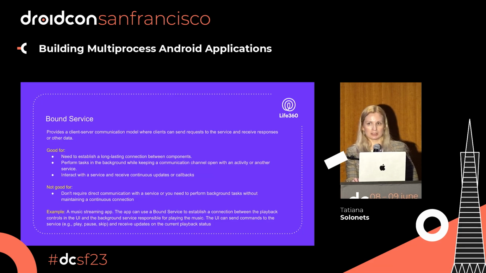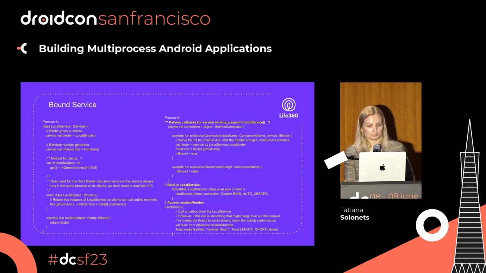As an example, imagine you have a music player and another process where you have a play button and pause button, and you want to keep that consistent communication to react quickly. Let's say you click pause, and you want to immediately cause an action on another process where your audio is actually playing. So you just want to have them bound, right? This is called bound service because we bound two processes together, or two applications, for some long period of time.